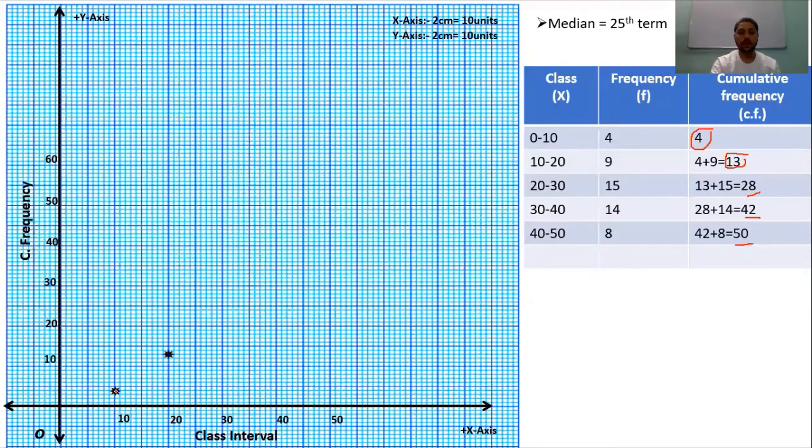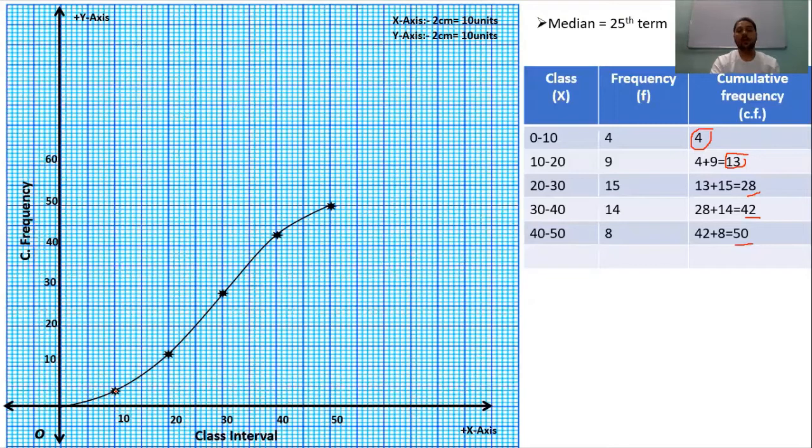Then the next point is 13. After that we have 28, then 42, and last we have 50. Now we have all the points. We'll join all these points freehand and make the ogive, or your cumulative frequency curve.